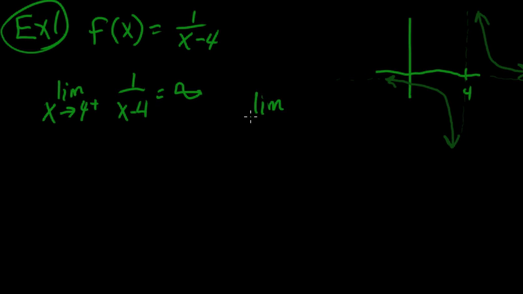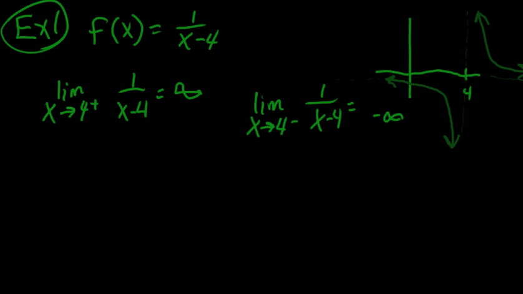Also, the limit as x approaches 4 from the left of 1 over x minus 4 equals negative infinity. That means that if we have an x that starts out right here, so it's to the left of 4, and we get closer and closer to the 4, it gets closer and closer to negative infinity.